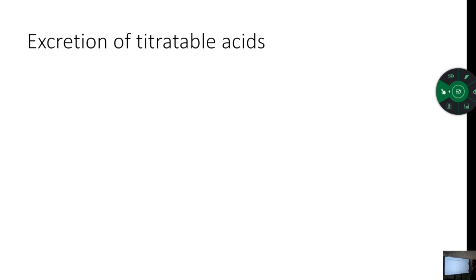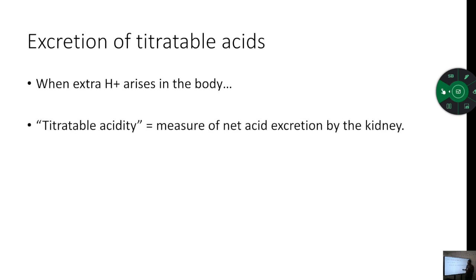So to sum up the second strategy, we saw that when extra H plus is there in the body, the body will utilize this strategy. Now titratable acid is a measure of net acid excretion by the kidney. Here the titratable acid is the sodium dihydrogen phosphate, which was excreted in the urine.